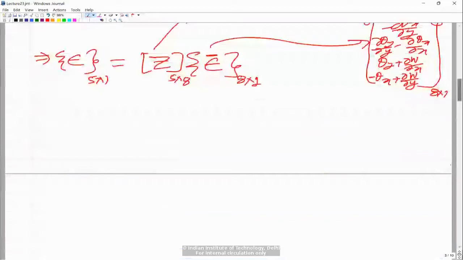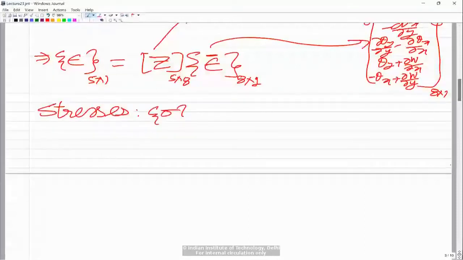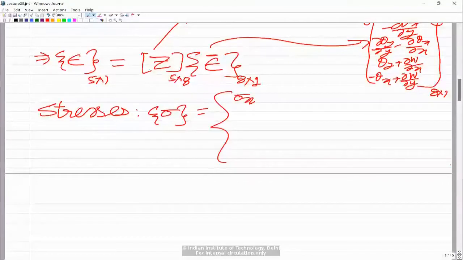Then if you look at the stresses, the non-zero independent components of stresses I am again putting as sigma. There are going to be 5 independent components of stresses: sigma xx, sigma yy, and then tau xy. We are taking plane stress along the thickness direction, so it's a generalized plane stress, with sigma zz zero.